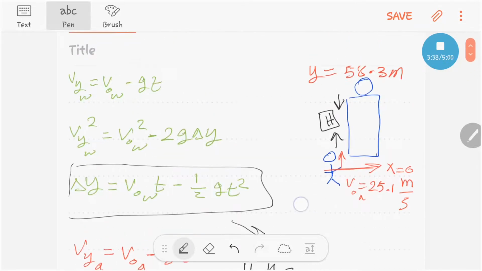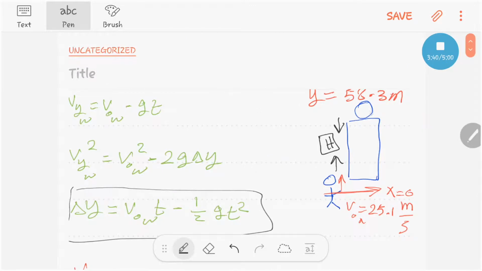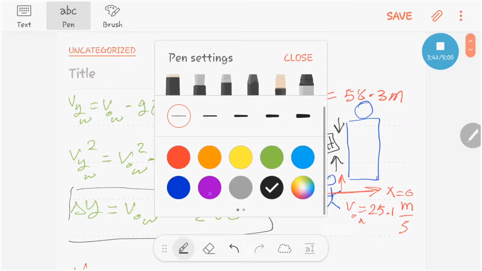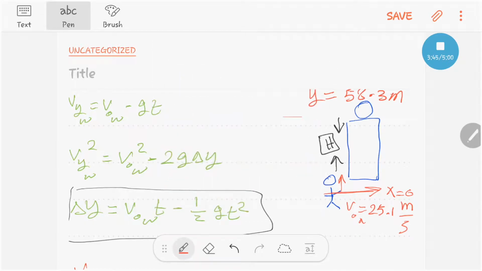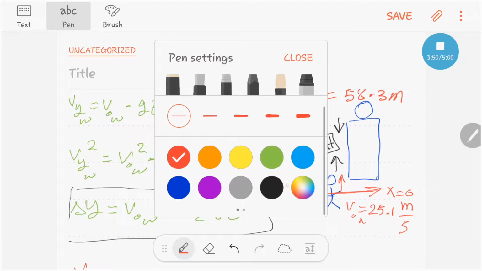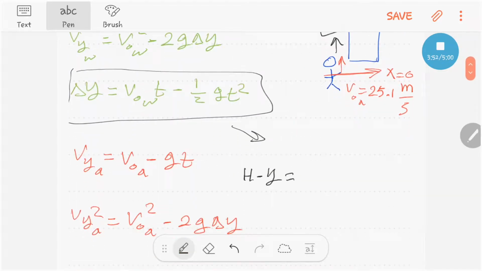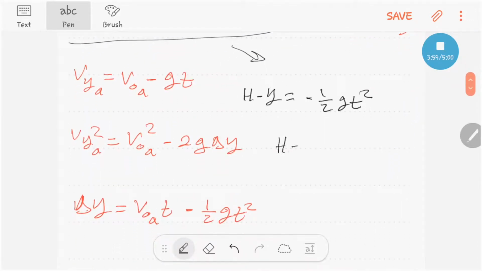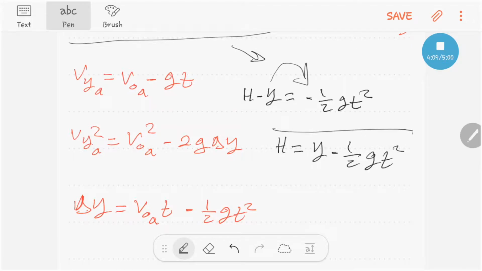The watermelon falls from rest, so v naught y equals 0, and this term will be 0. It will be minus half gt squared. Let's write it: H equals y minus half gt squared. This is equation number 1.